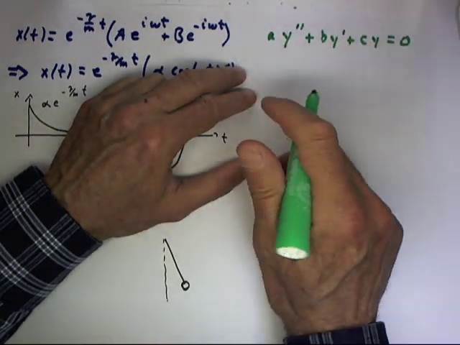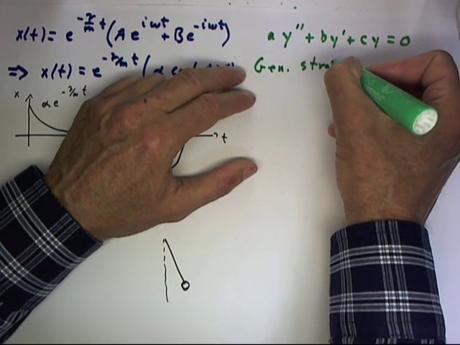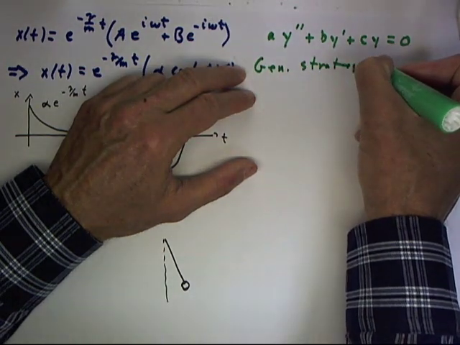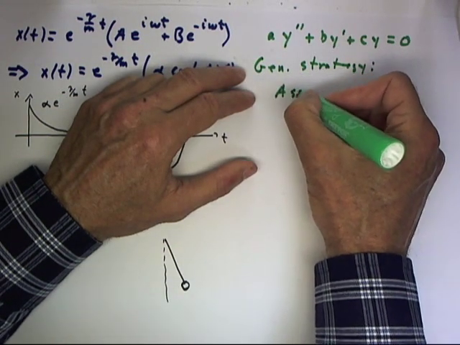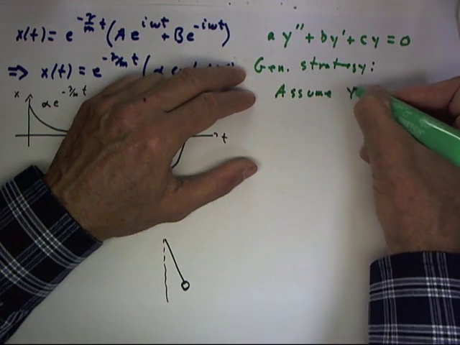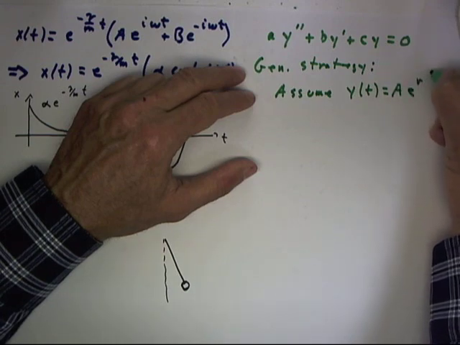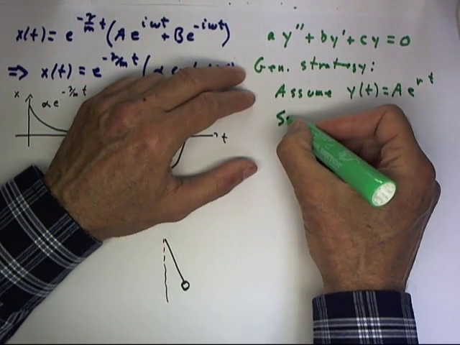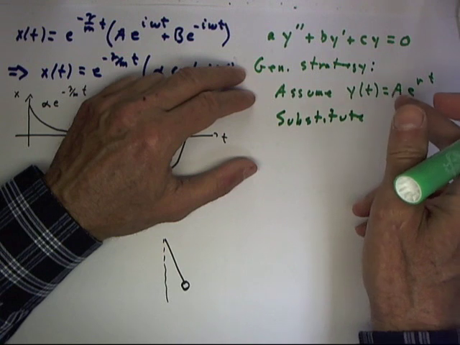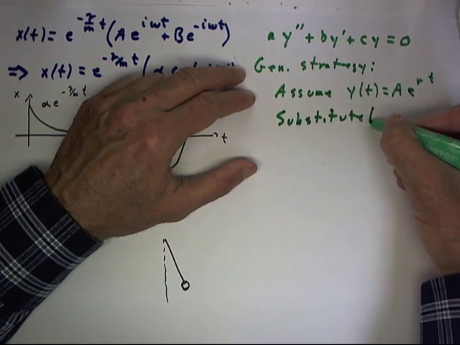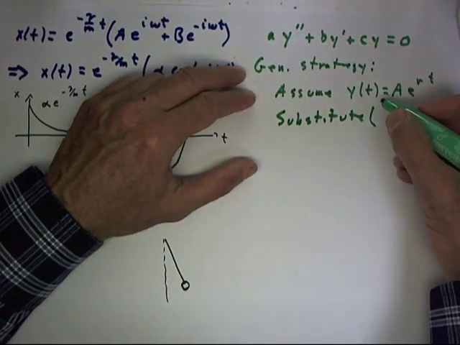Okay, so if we have this equation, in general, our strategy is to assume y of t equals a e to the rt. Substitute, and of course that substitution will involve finding the derivatives y prime and y double prime.